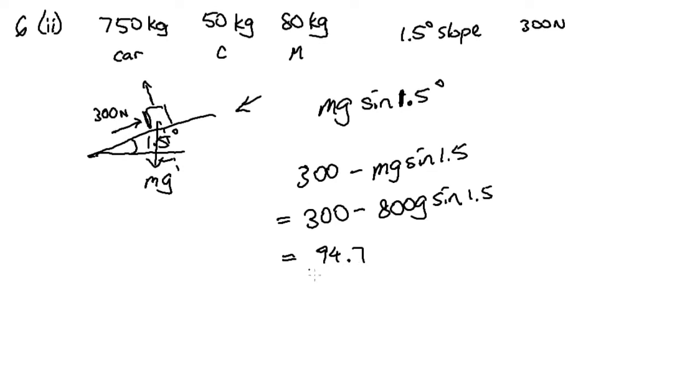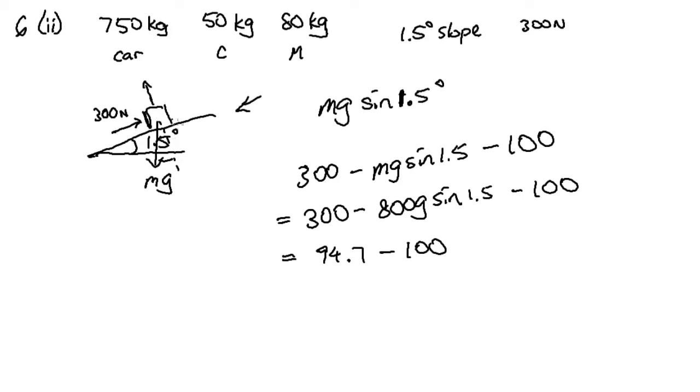And given that you have a constant resistance of 100 newtons backwards, you have to take another 100 off. I actually forgot about this factor, so make sure you have all the forces.